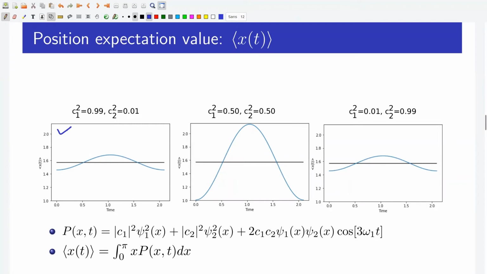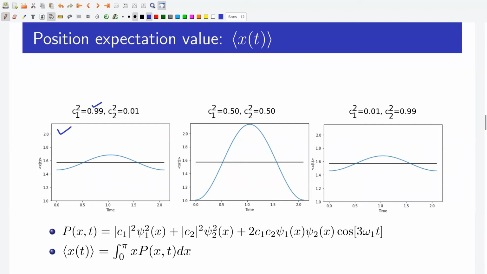The first plot is for a wave function somewhat similar to the ground state because C1 square is equal to 0.99. The blue line shows the time-dependent position expectation value. The black line shows the position expectation value for a stationary state.